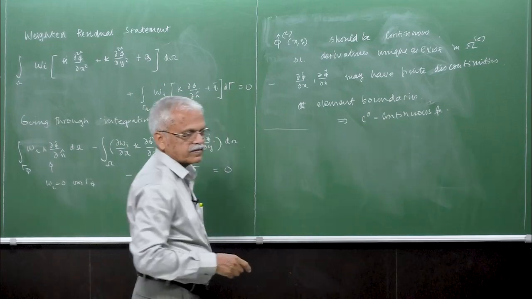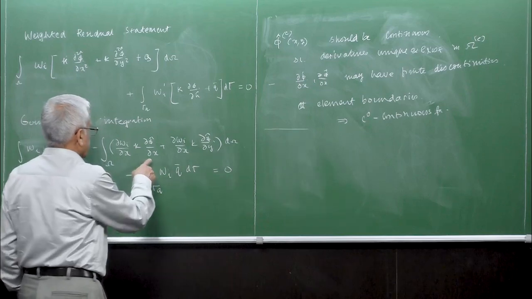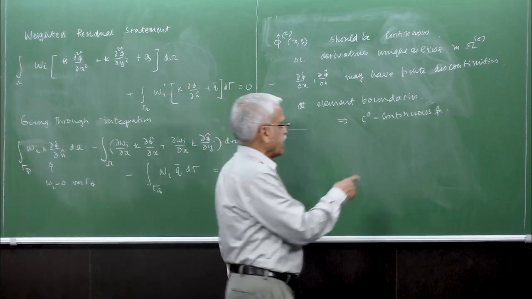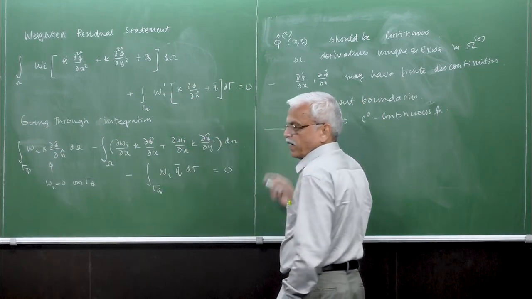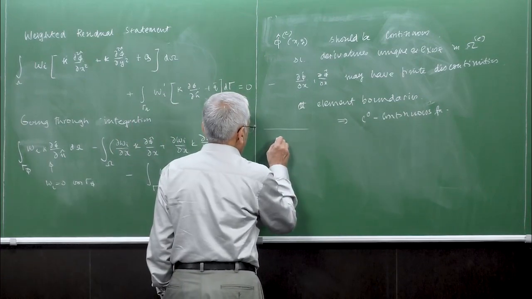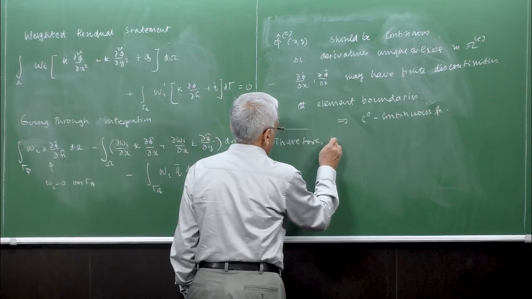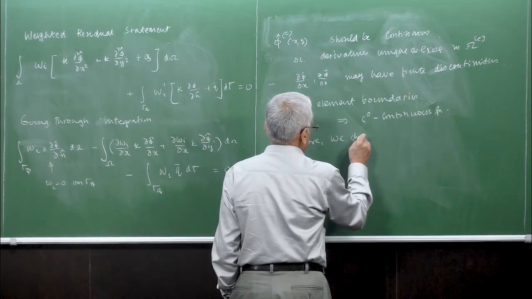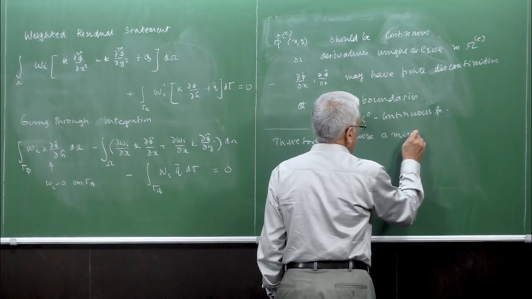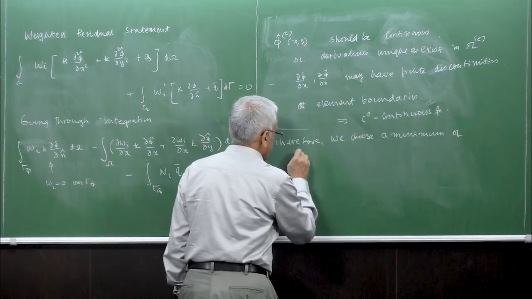As far as the phi e is concerned, at least it should be derivable within the element, and then it may have a finite discontinuity at the element boundary, which we call C0 continuity. So therefore, we choose a minimum of linear function.